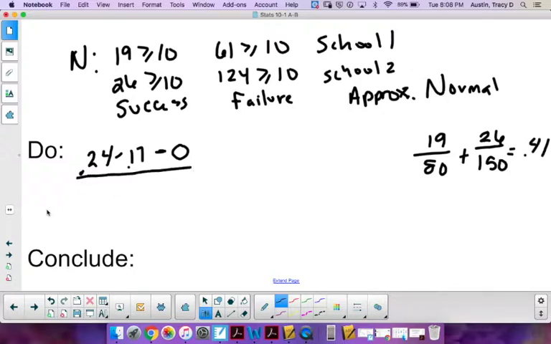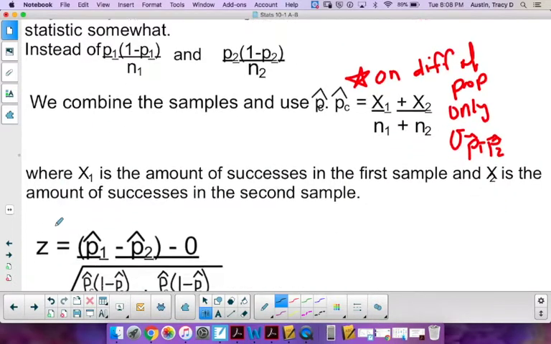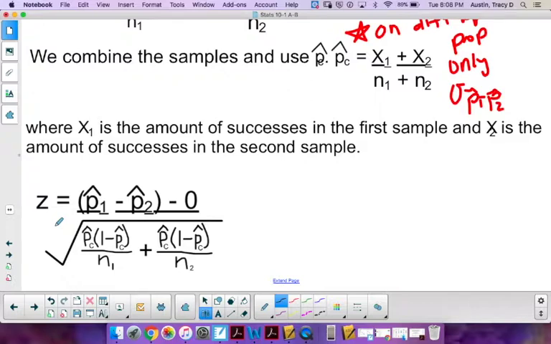Okay, divided by, it's going to be this really big square root, but the good news is all the numbers are going to be the same. So it's going to be 0.41 times 0.59. Let me pause this for just a second to show you. See, the sample sizes don't change, just the probability of success and failure.